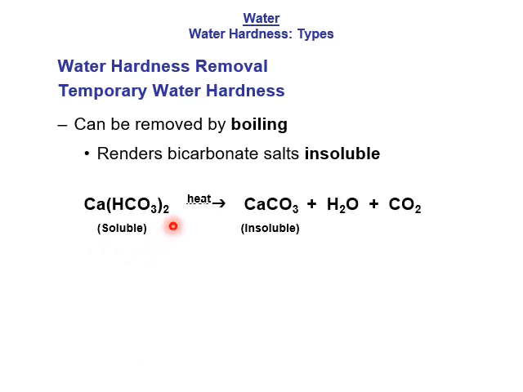You've got calcium bicarbonate here, and it's soluble. So if you had a glass full of temporarily hard water, it has this calcium bicarbonate floating around in it, but you can't see it because it's dissolved. But as I heat it, as I boil it, it's going to become calcium carbonate, not calcium bicarbonate, but calcium carbonate, and that is insoluble.